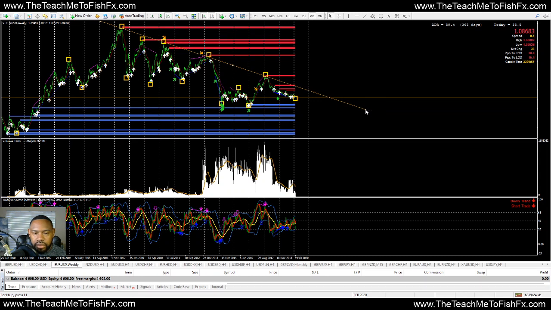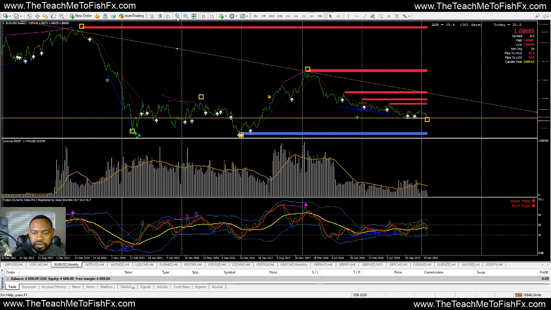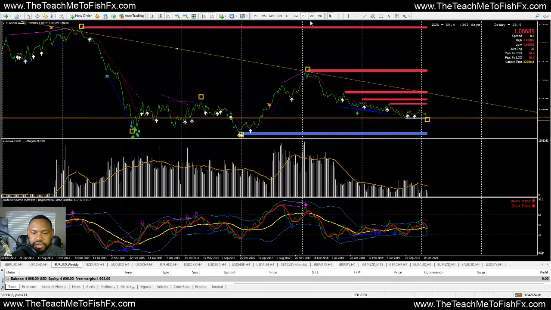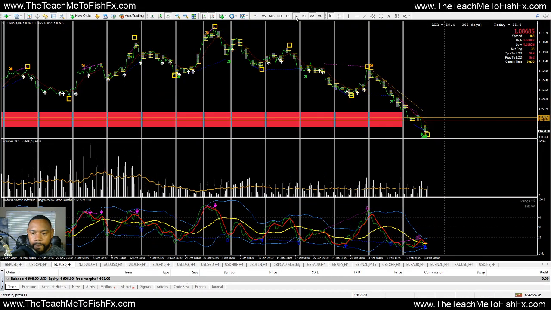Still just going based off of this trend here. Looks like I've already drawn some type of support and resistance there, or a little zone. Just waiting for it to break out. But yeah, back to the topic at hand.